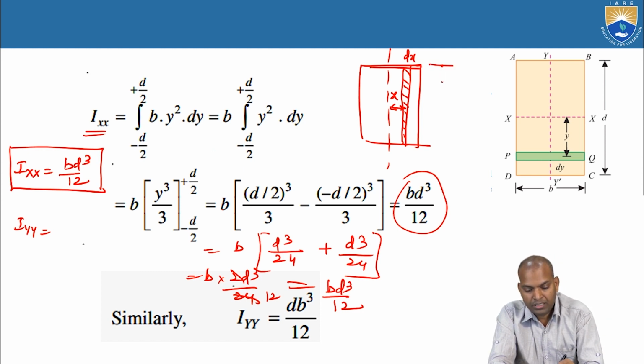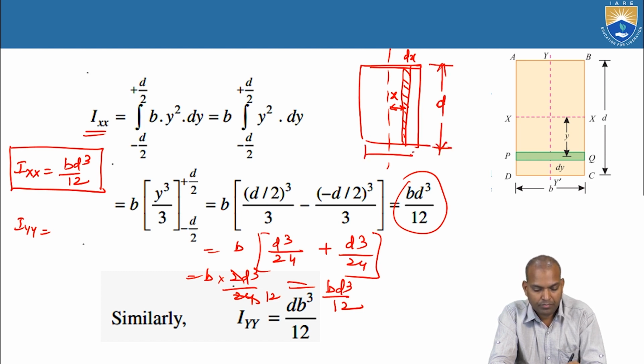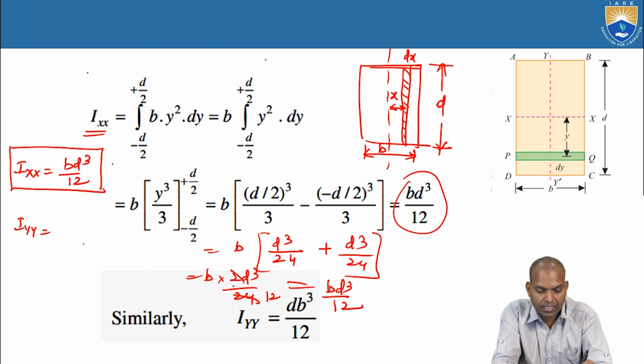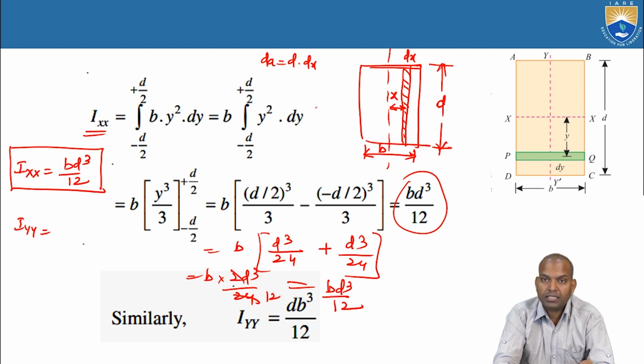What about the width here? D. The width is d, the breadth is b. What is the elemental area? The elemental area is d times dx.